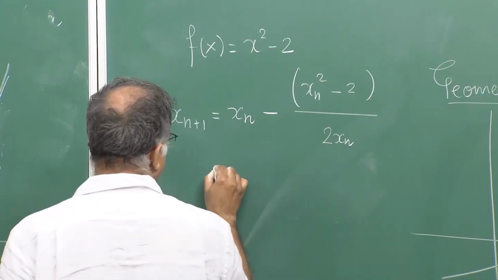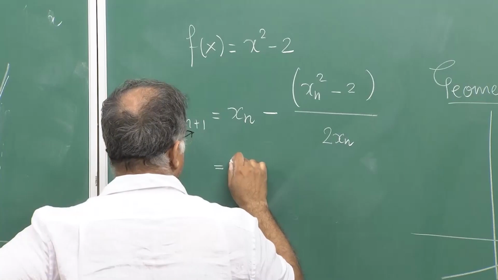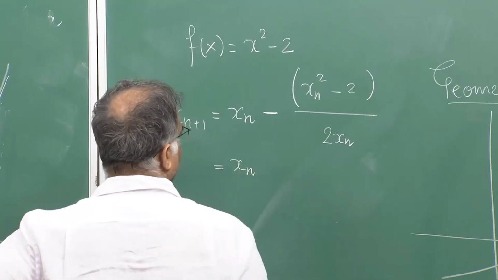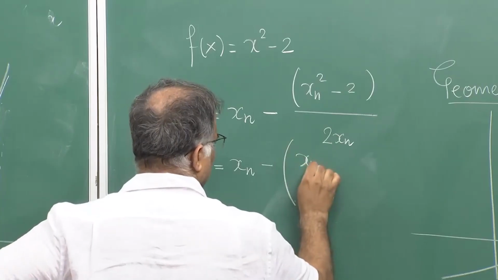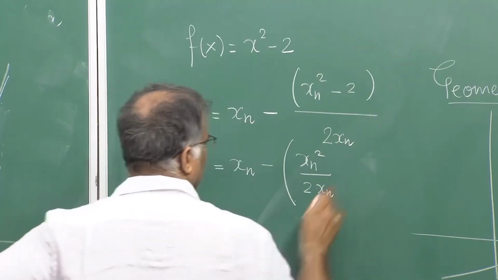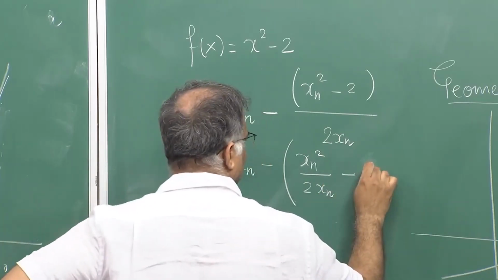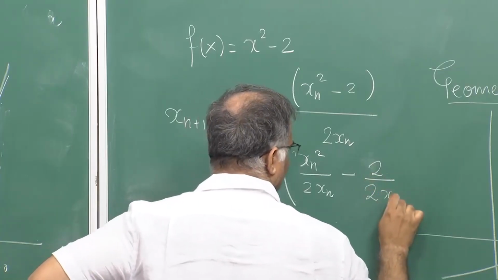This is xn minus xn square by 2xn plus 2 by 2xn.